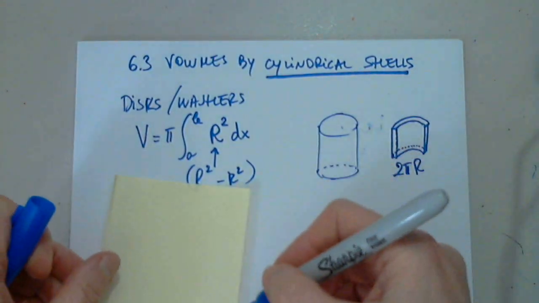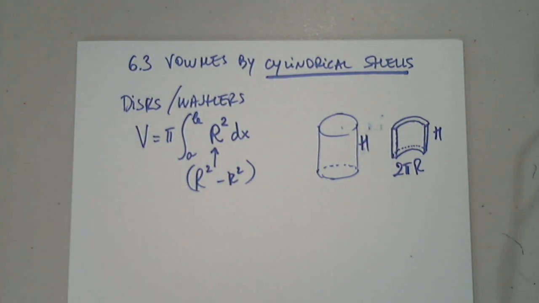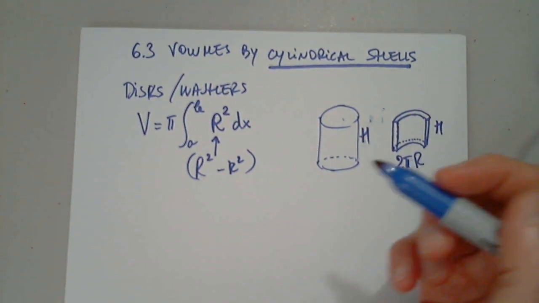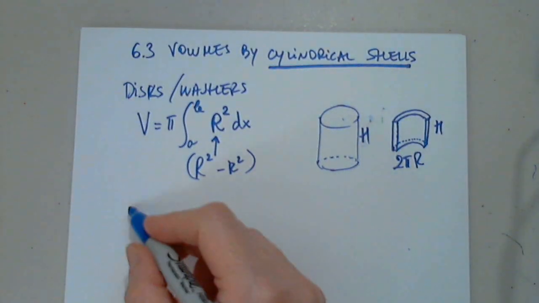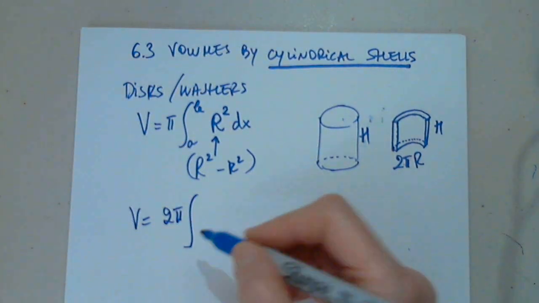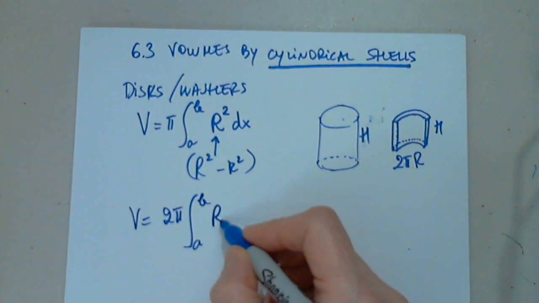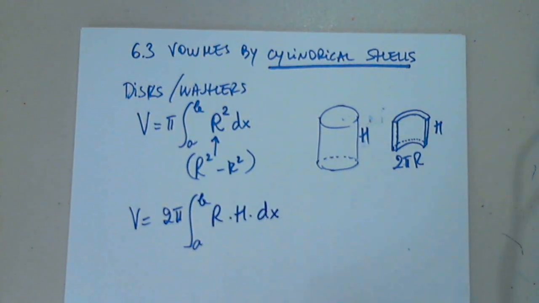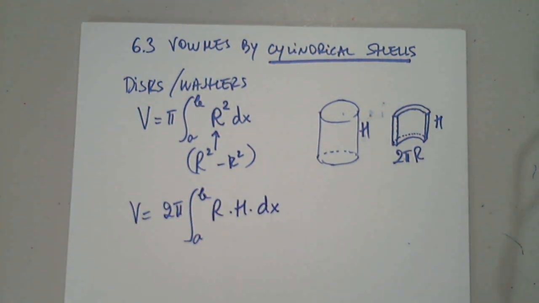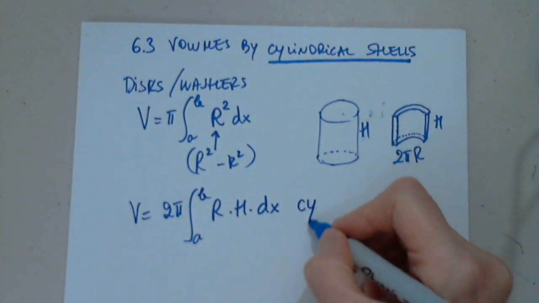And this is basically the height of the cylinder. So the formula this time will be, for cylindrical shells, 2 pi, the integral, of course, from a to b, radius times height times dx. Of course, it could be dy, depending on how we integrate, with respect to x or with respect to y. So this is the cylindrical shells.